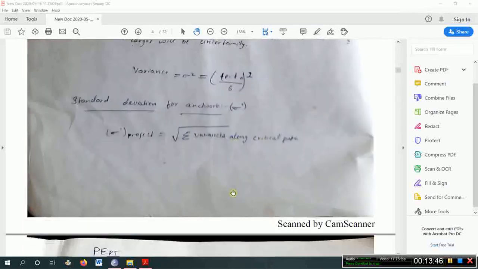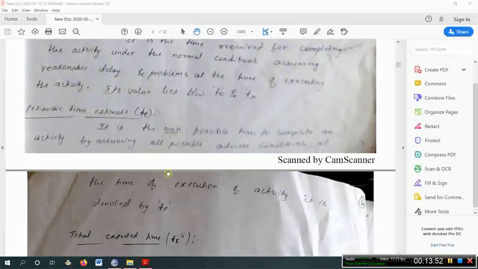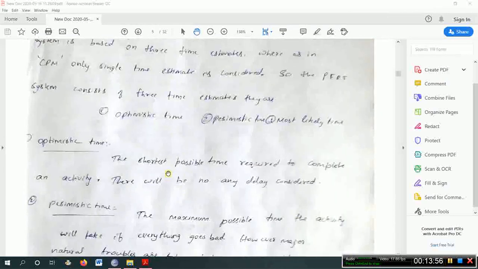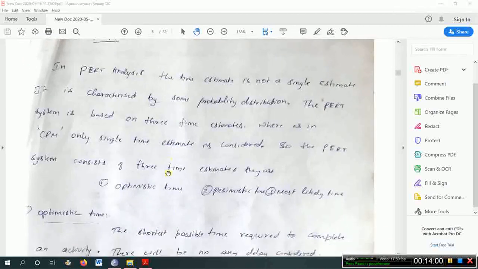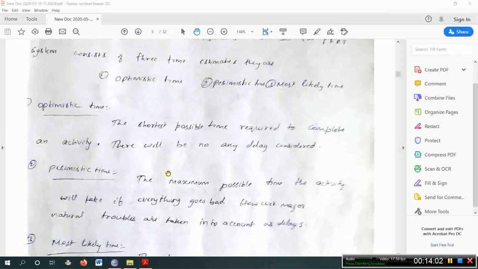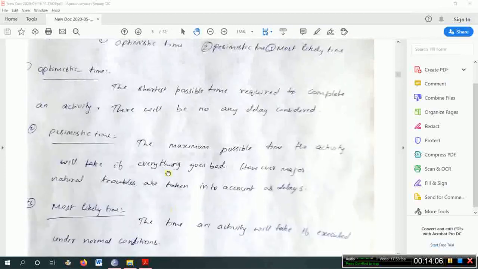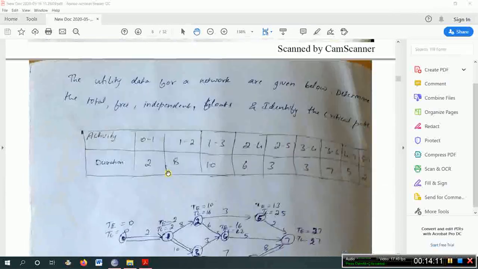I will explain the critical path later. These are the formulas you need to keep in mind while solving PERT problems. As I explained, PERT is a technical management technique to find the estimated time to complete the project, using three time estimates: optimistic, pessimistic and most likely time.